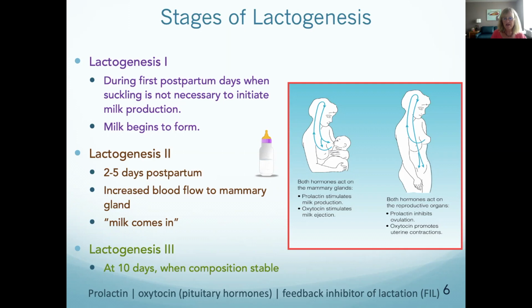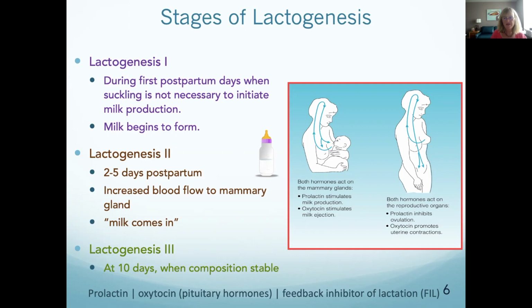Now look at the diagram on the right. I want to talk about a couple of hormones. They're also listed at the bottom of the slide here. Prolactin is one of the hormones, and this stimulates milk production. Prolactin begins to be produced during gestation, and then it stops.